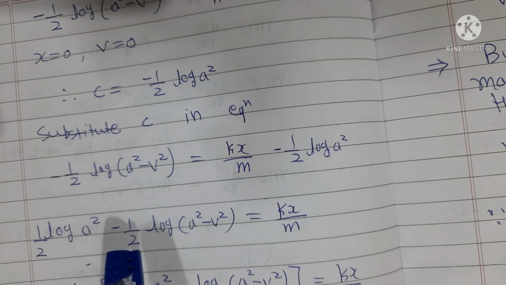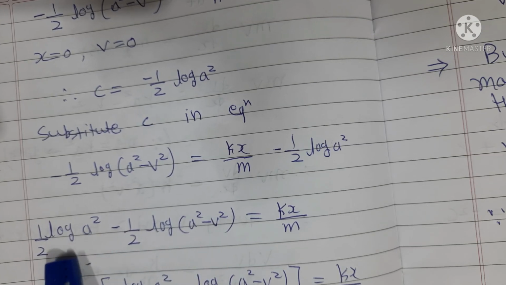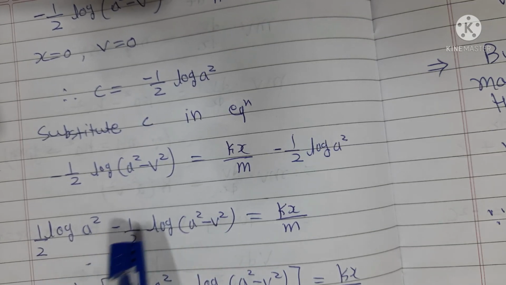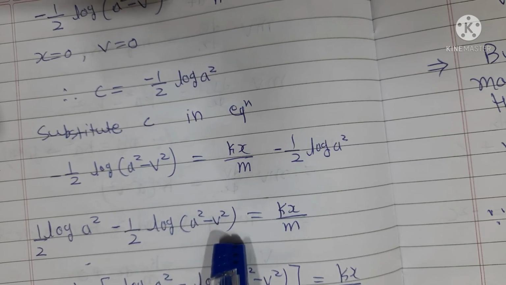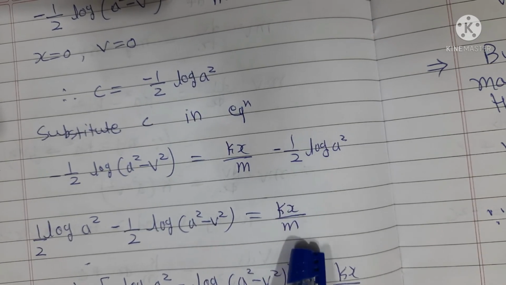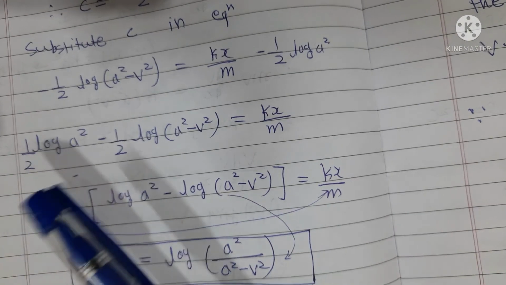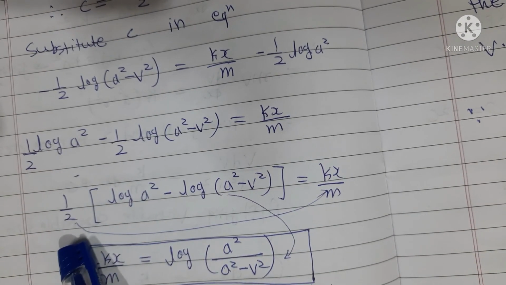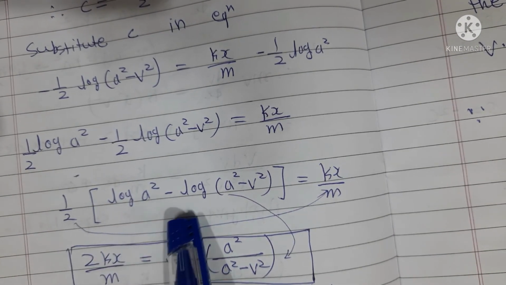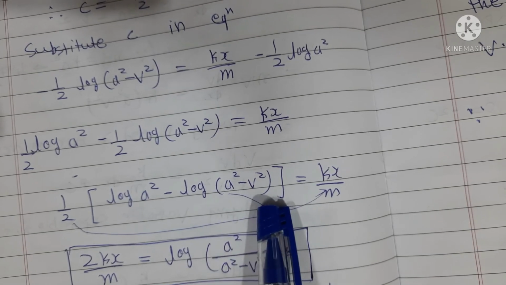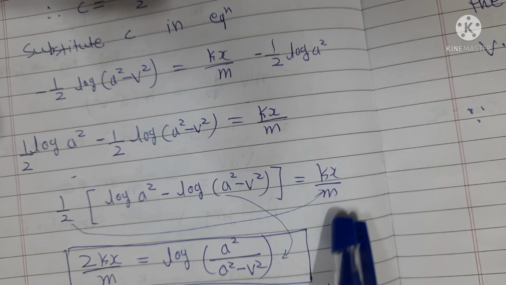Now taking the log to one side, we get 1 by 2 log of a square minus 1 by 2 log of a square minus v square is equal to kx upon m. Now take the 1 by 2 out of the bracket as common. Now log of a square minus log of a square minus v square is equal to 2kx upon m.